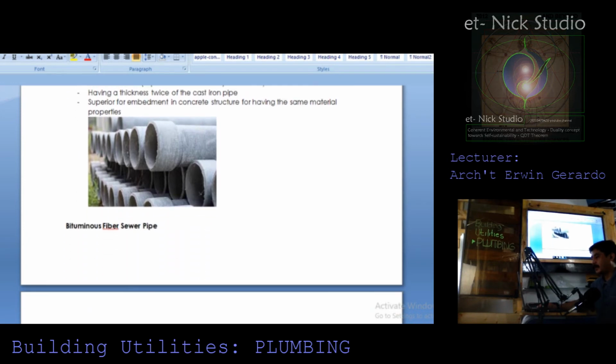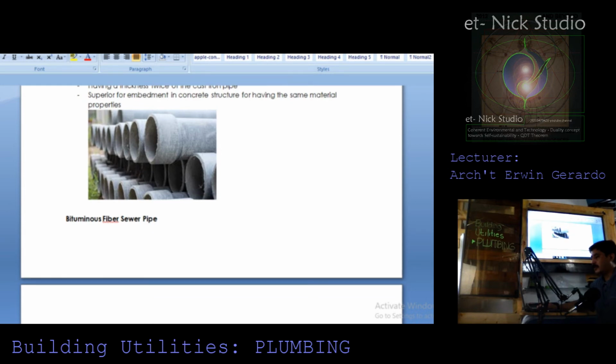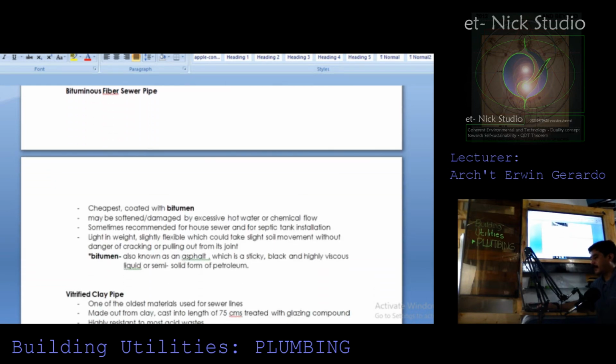So this is the bituminous fiber sewer pipe. It is the cheapest, coated with bitumen, may be softened or damaged by excessive hot water or chemical flow. Sometimes recommended for house sewer and for septic tank installation.